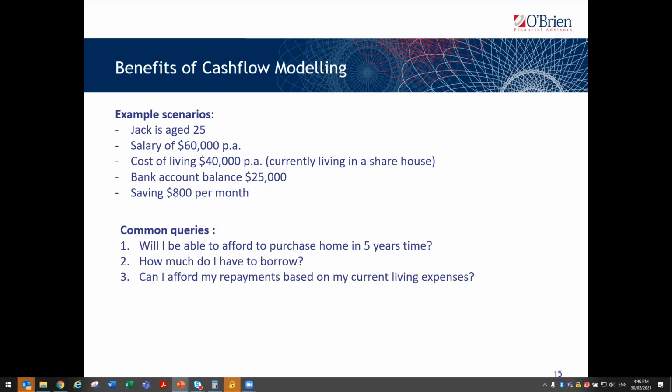Some of the common queries that we have from clients at that age is wanting to purchase a home in a few years, wondering how much they can borrow, and also wondering whether or not they can afford the repayments based on the current living expenses of $40,000 a year.